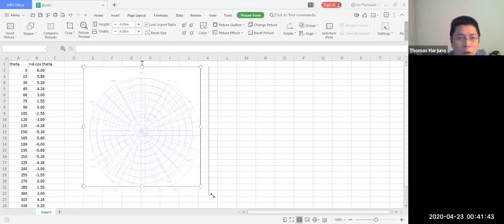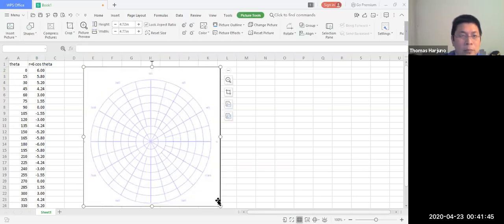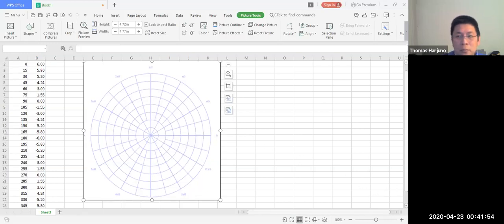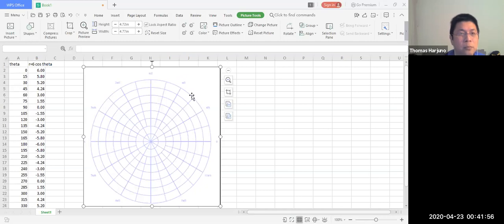Suppose I want to graph it. Now let's pick this. I need to graph it, but at the same time I cannot graph it here. So let me snip that. Back to my notes.